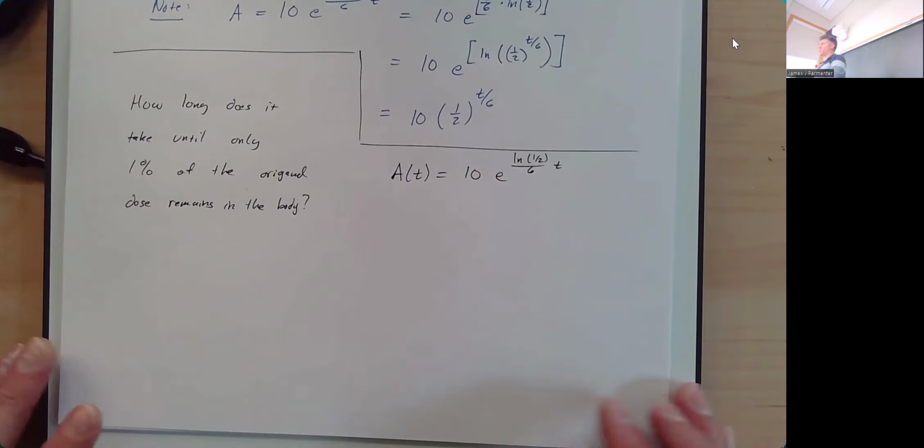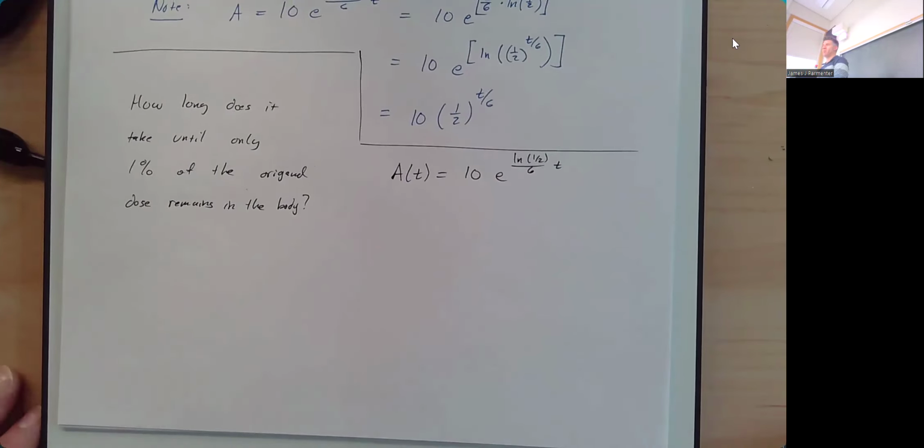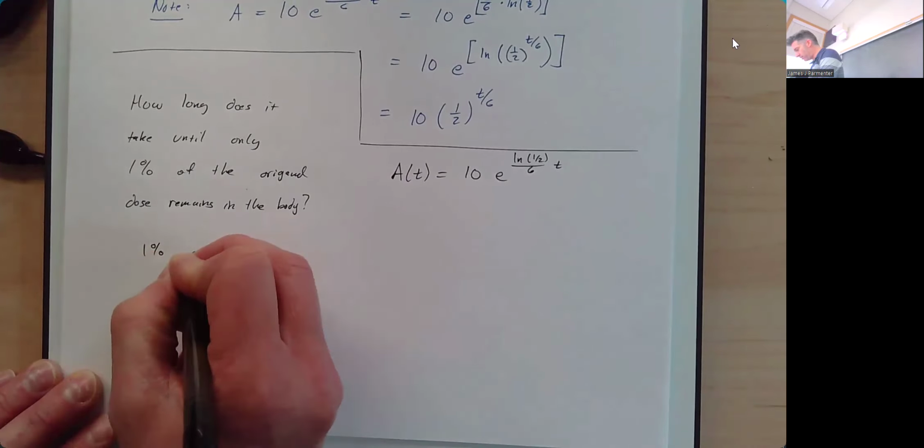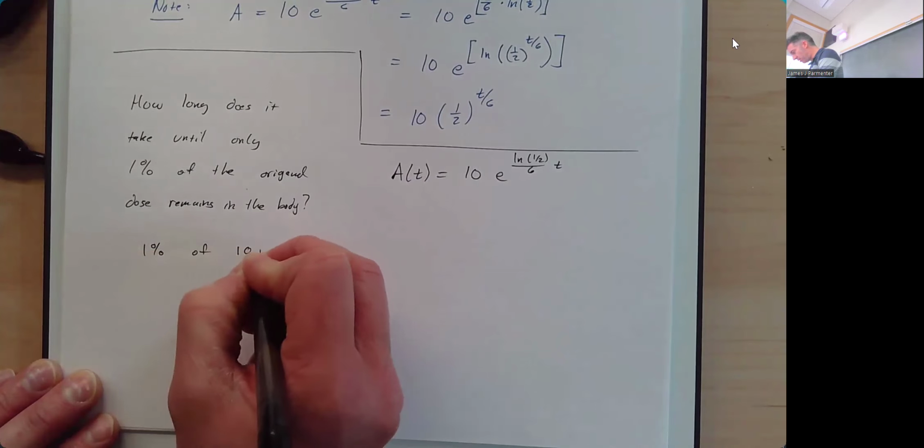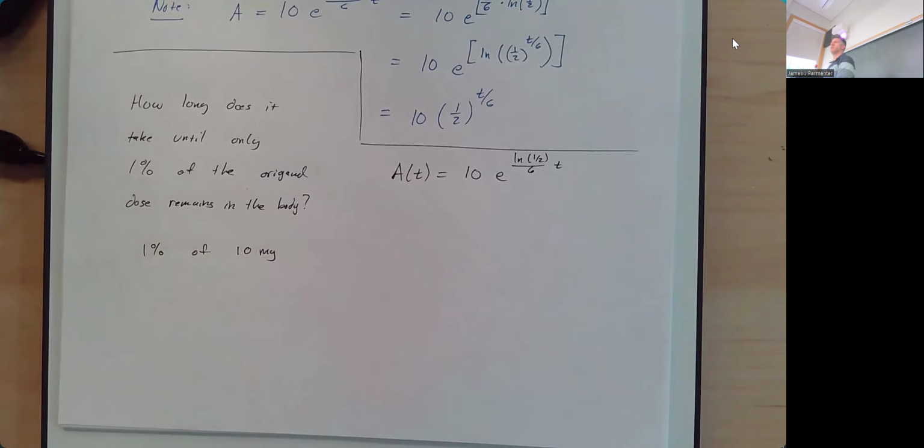So I'm not going to set it equal to 1, because 1 isn't 1% of what I started with. 1% of the initial 10 milligrams is how much? If I'm doing 1%, I'm really just dividing by 10 twice.